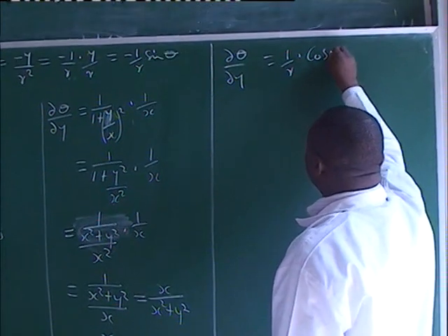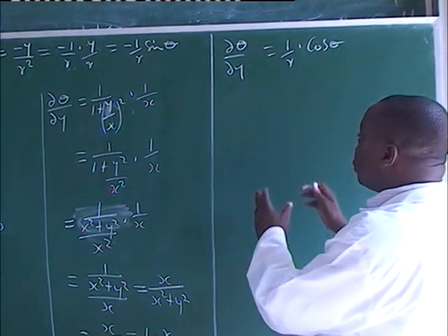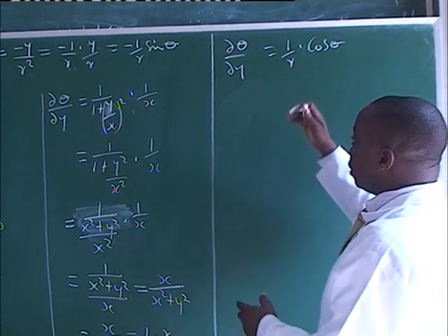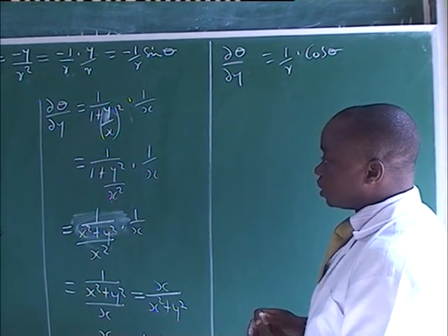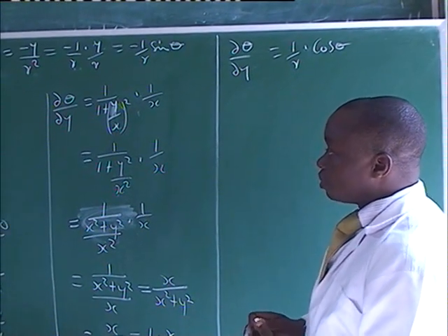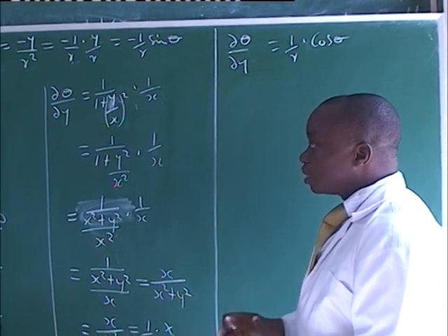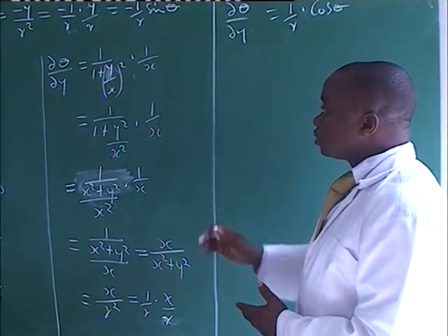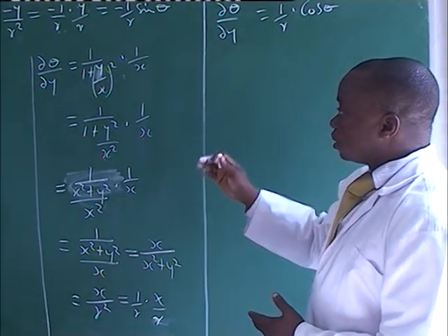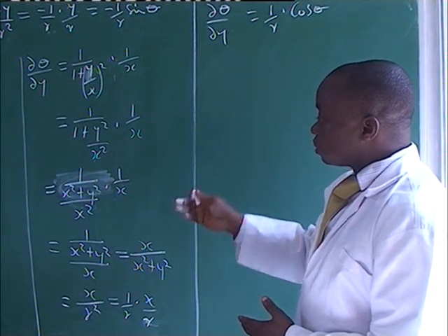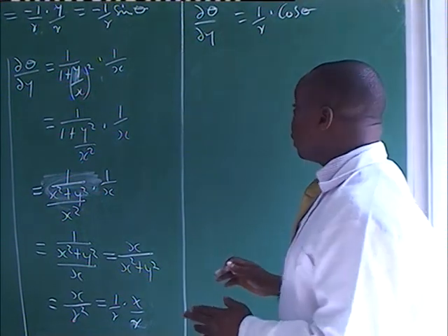Cos theta. So now we are able to get partial r partial x, partial r partial y, partial theta partial x, and partial theta partial y.